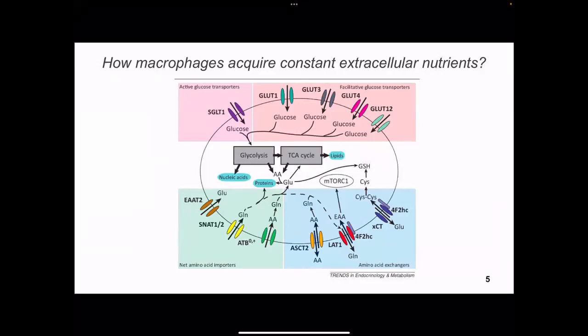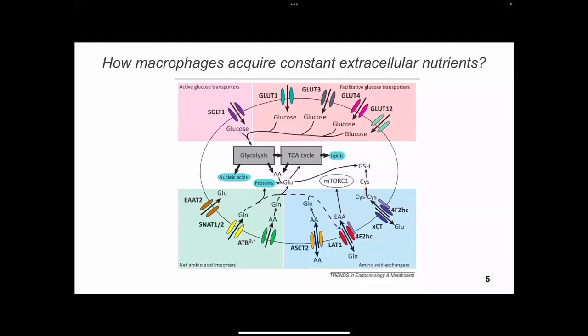As strategies used for nutrient uptake, tumor cells usually upregulate glucose and glutamine transporter genes, as well as prevent their degradation through the lysosome pathway to support their huge demand for anabolic metabolism. As I just mentioned, although anabolic metabolism is considered a hallmark of cancer, many of these metabolic changes also occur in inflammatory macrophages, for example, glycolysis and amino acid metabolism.